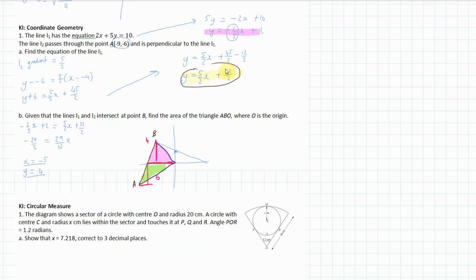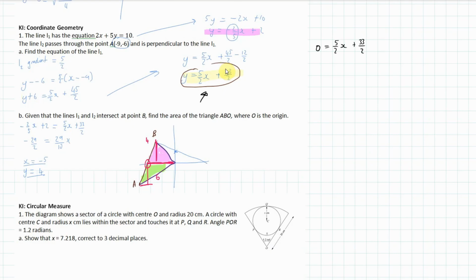Okay, so we need to find out where this is. I'm going to find line AB. Oh, hang on, I already know what line AB is. It's this here, isn't it? This is line AB. So I'm going to find out where it crosses the x-axis, which is where y equals 0. So 0 equals 5 over 2 x plus 33 over 2.